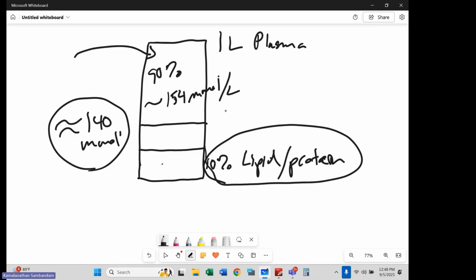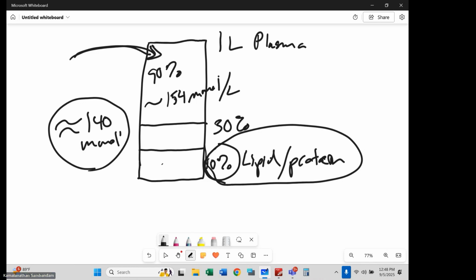Taken to a ridiculous degree, if again, let's say 30% of my plasma is now occupied by lipid and protein, when I do that dilution step, the sodium concentration in plasma water drops precipitously, okay? The analyzer doesn't know that. It assumes that you had this roughly 10% lipid and protein content. And so it measures that sodium falsely low because that dilution is more than normal, okay?